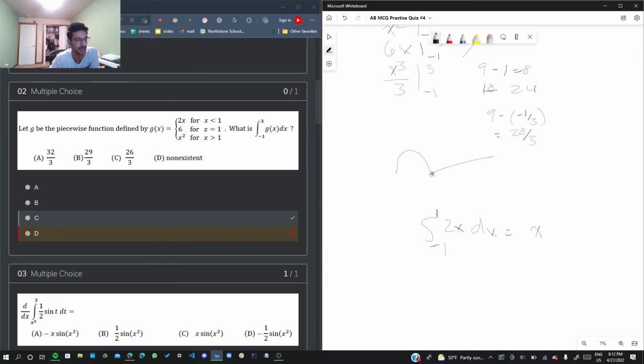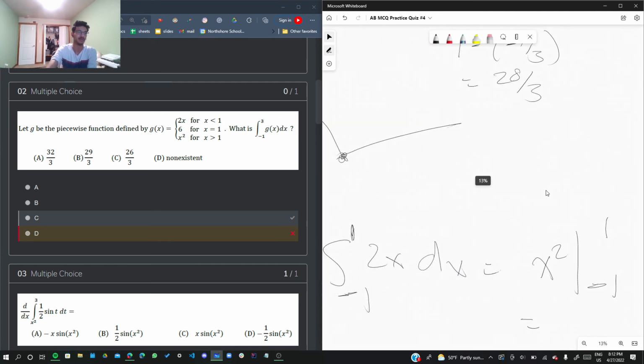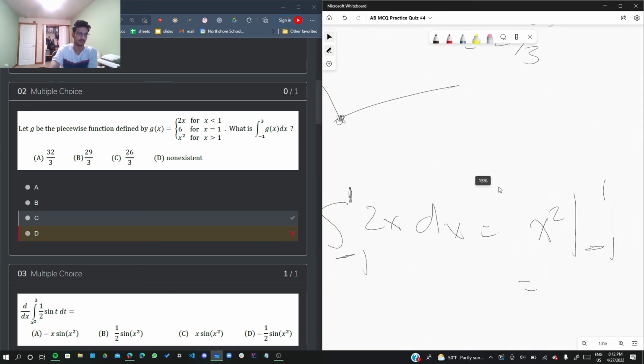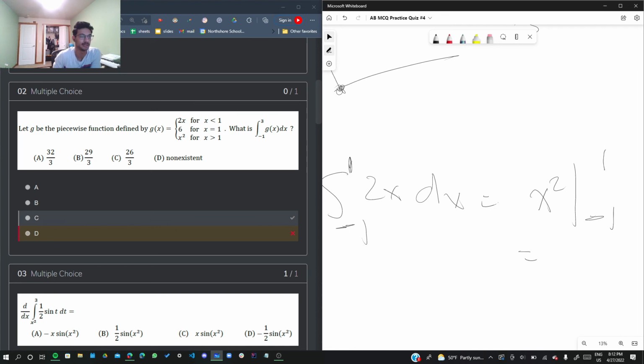So then that would just be x squared from 1 to -1. So let me zoom in, it's kind of unseeable. So then this would just be 1 minus -1 squared. Yeah, this would be 0. Okay, that's cool.